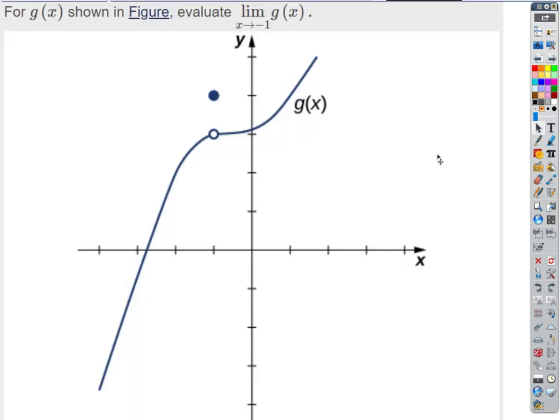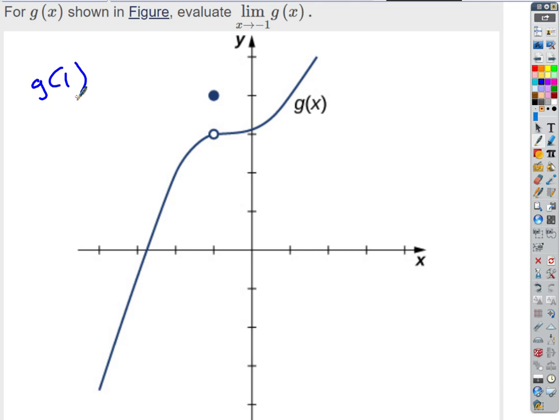Okay, so back to business. Now, you'll get some practice on the assignment using the tables and graphs. I want to move forward with a little more background on limits. So you tell me, I want you to answer a few questions. First of all, what is g of 1?